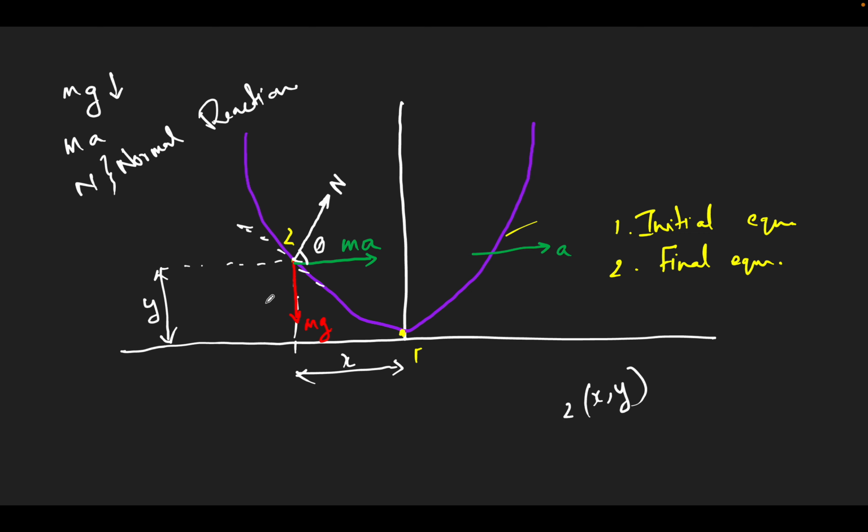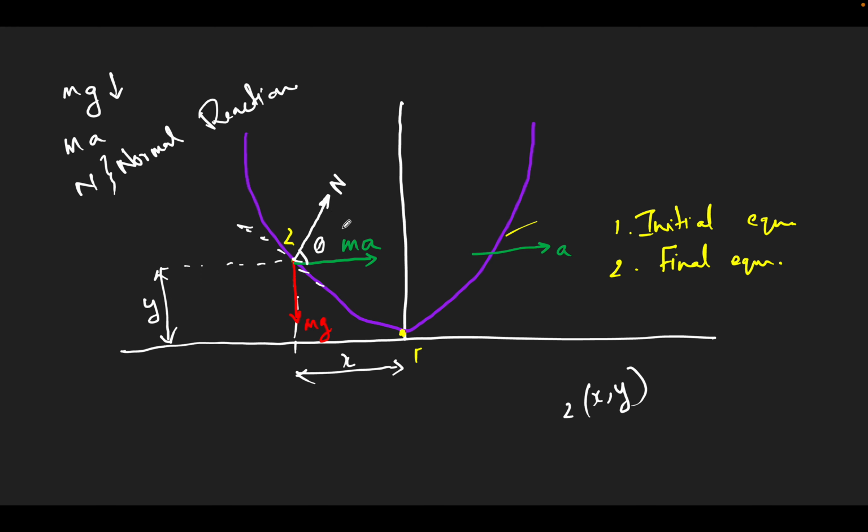Then let me write down the system at point 2. The system is at equilibrium. It has reached equilibrium, that's why it is staying at point 2. If it is at equilibrium, I can say the net force must be 0, right? So let me balance the net force. First, let me take the vertical force Fy. Net force in the vertical direction must be 0. That means, what are the vertical forces? There is mg acting downward. So this mg must be equal to N sine theta.